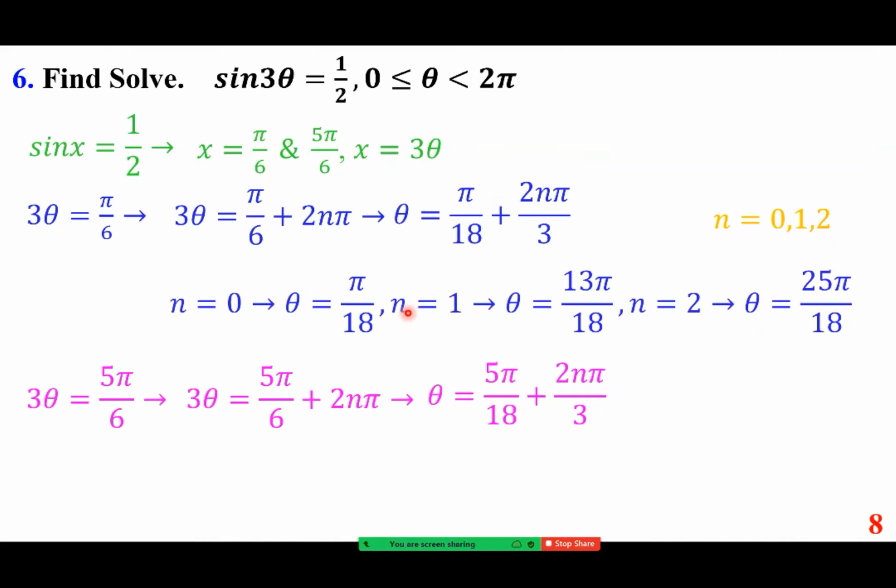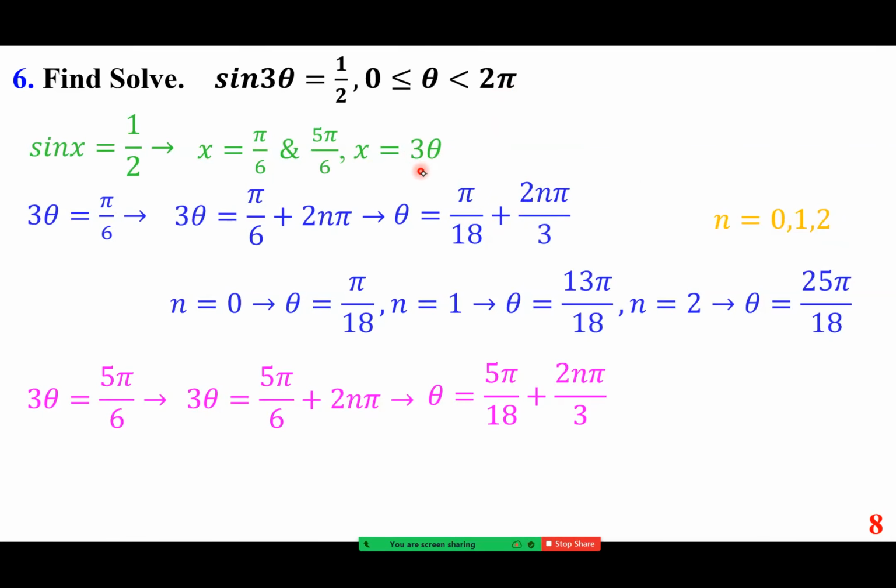Pi over 18, 13 pi over 18, 25 pi over 18. If I replace the n with 3, 3 cancels out the 3, and I get 2 pi. So pi over 18 plus 2 pi. So it's beyond that. That's why you stop at this number minus 1.